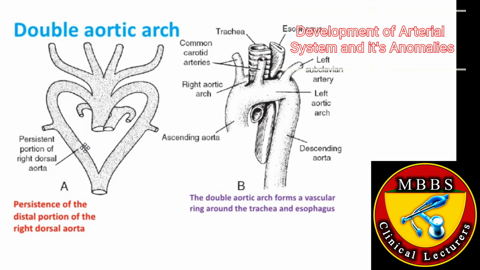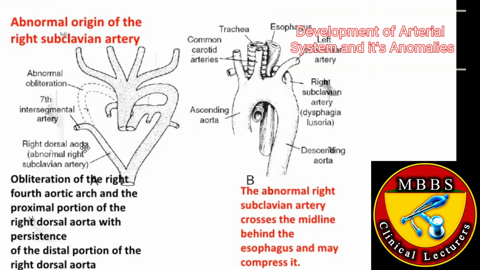So we have a double aortic arch being formed. It is a vascular ring around the trachea and the esophagus, and it will compress the trachea and the esophagus.